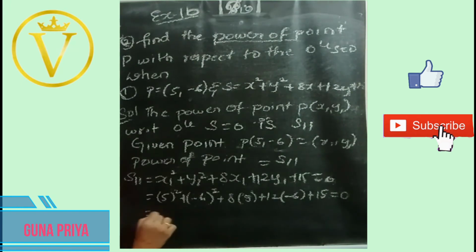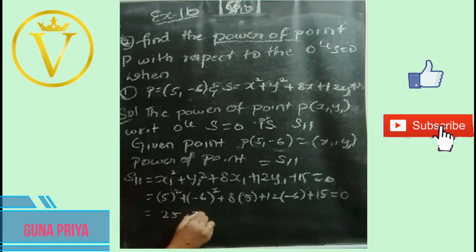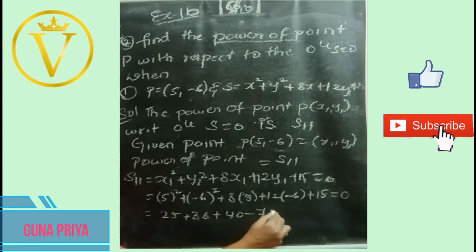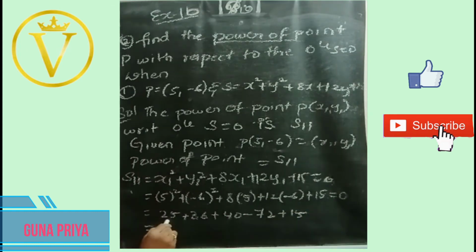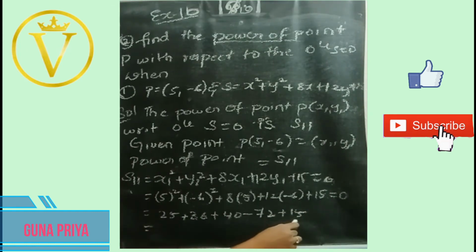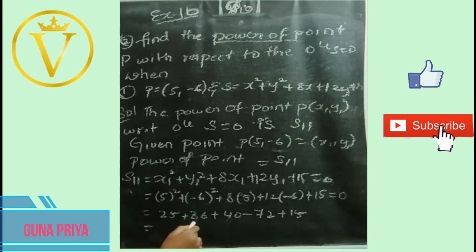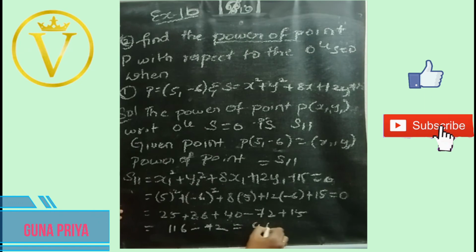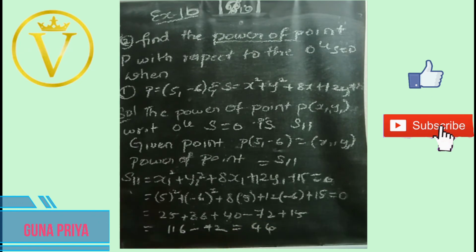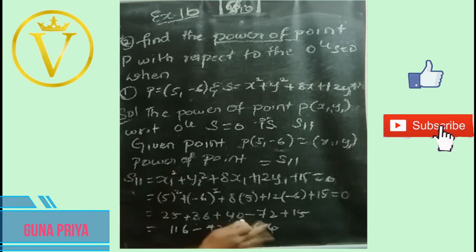So 25 plus 36 plus 40, 80, 80 plus 36 is 116, minus 72, so we'll get 44. So the power of point S11 is 44.